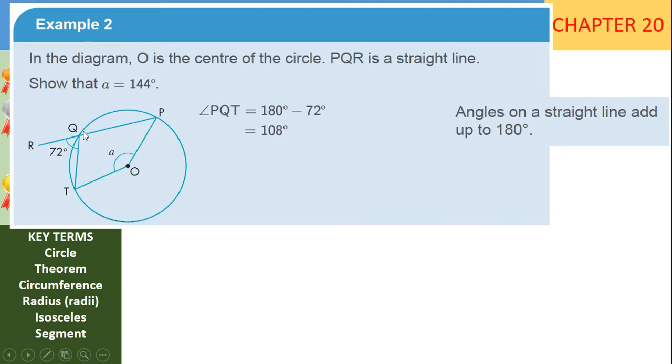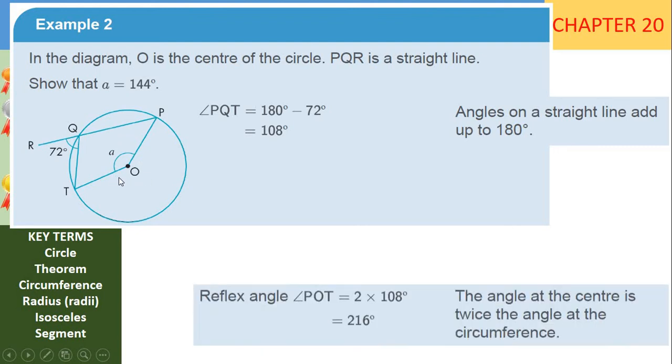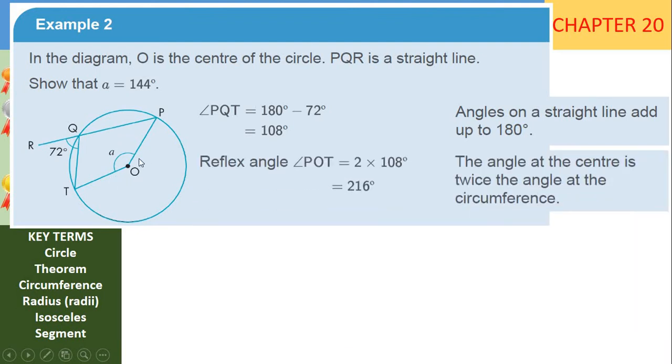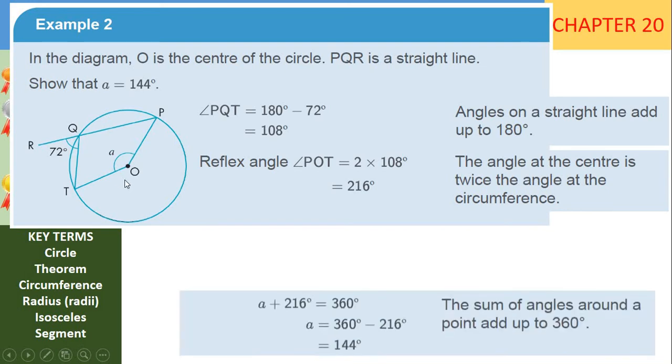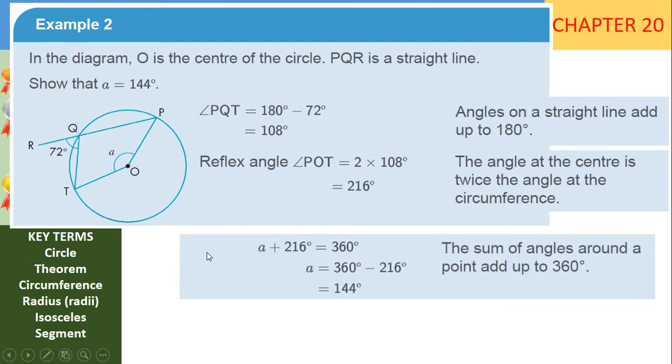That means angle PQT is 108 degrees. Now angles at the centre are double the angle at the edge. So in this case it's the reflex angle. So to then get angle A, you're going to subtract from 360 degrees. And we've got the answer 144 degrees, which is what we were looking for.